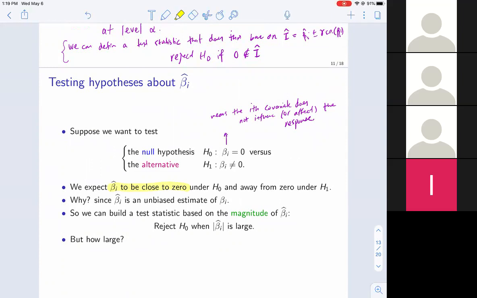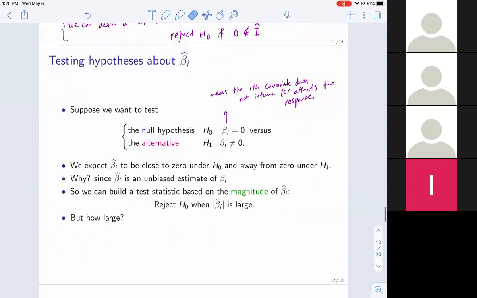This makes sense because beta hat I is unbiased for beta I. So if beta I is 0, then beta hat I is going to hover around 0. If it was biased, then this doesn't make much sense because beta I being 0 maybe means beta hat I is close to 2. Then that's not good. But because it's unbiased, beta hat I is going to hover around 0.